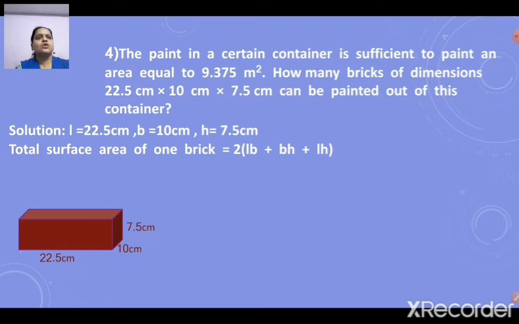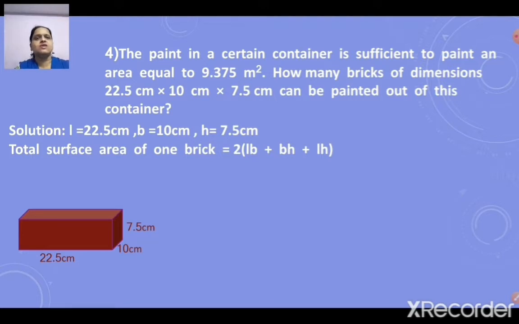As we want to paint the brick, that means we are finding here the total surface area. So how much paint is required to color one brick is equal to the total surface area. Therefore we will find the total surface area of one brick. Is it correct? Yes. So what is the formula? 2 in the bracket LB plus BH plus LH.